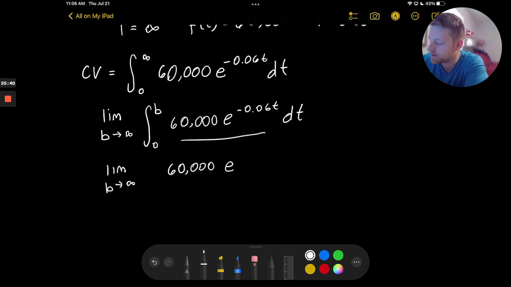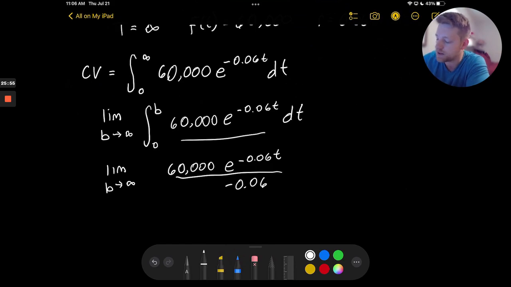To take that antiderivative, I just have to divide by the derivative of that exponent for that exponential. So we divide by negative 0.06. And we're going to take this value and evaluate that function at b and at 0.